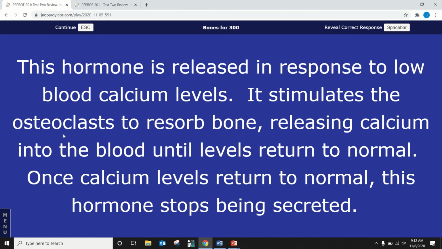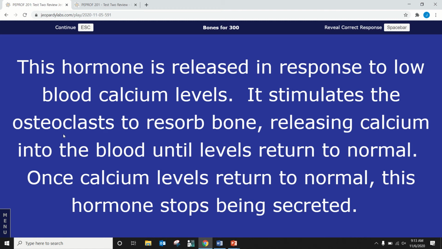All right, this hormone is released in response to low blood calcium levels. It stimulates the osteoclasts to resorb bone, which means to break it down, releasing calcium into the blood until blood calcium levels return to normal. Once calcium is normal, this hormone stops being secreted. So what hormone causes the osteoclasts to break down bone to release calcium from it?